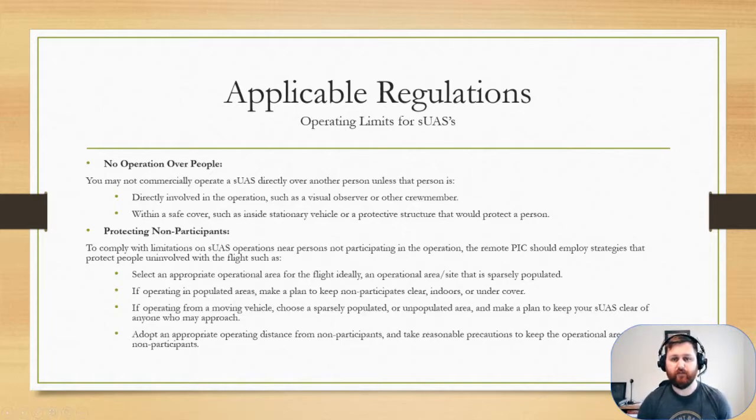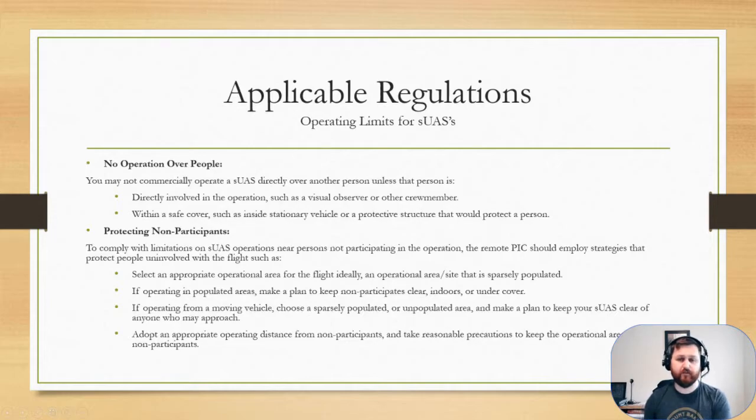With a small caveat: if they are crew members, you can operate around them as well. Anyone directly involved in the actual flight operation is okay. So a visual observer, crew member, or the remote PIC is okay.